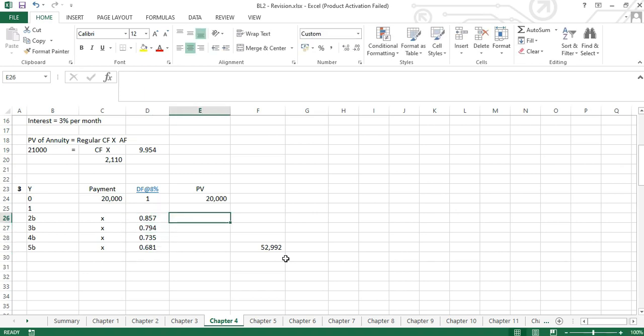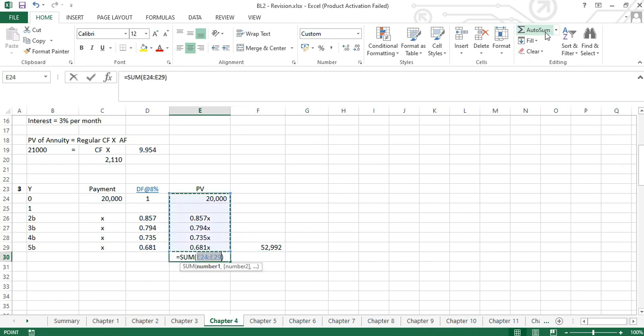So our total will be this X, right? So it will be 0.857X, 0.794X and so forth. So this total is equal to 52,992.